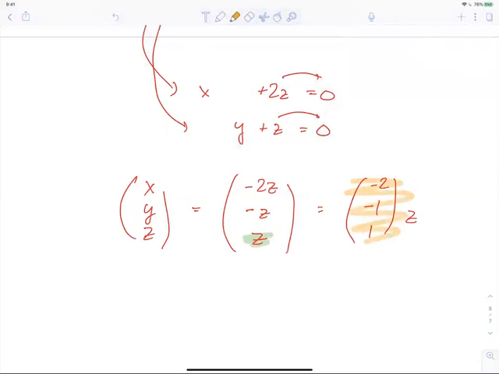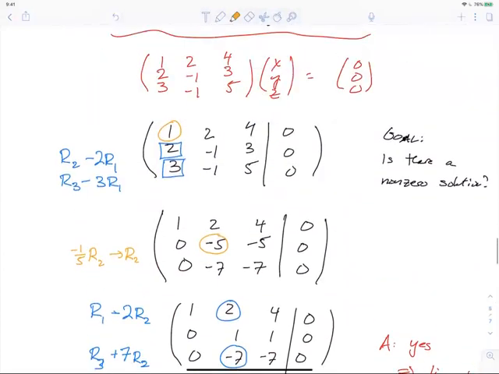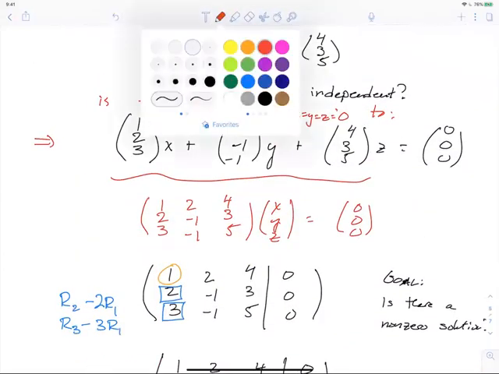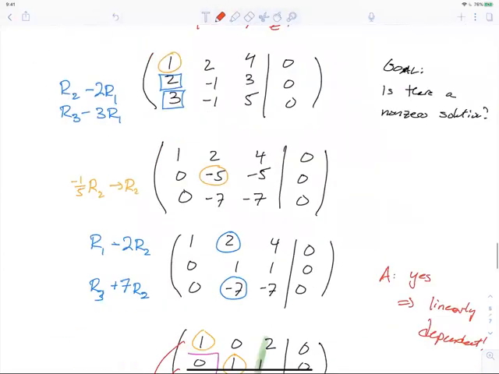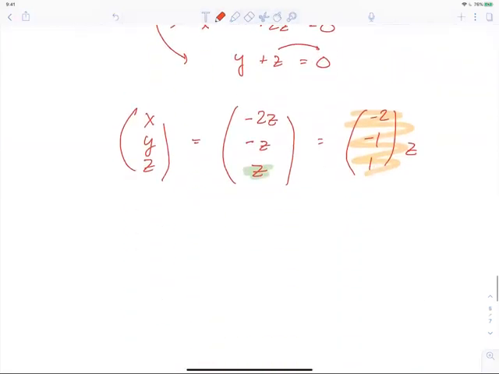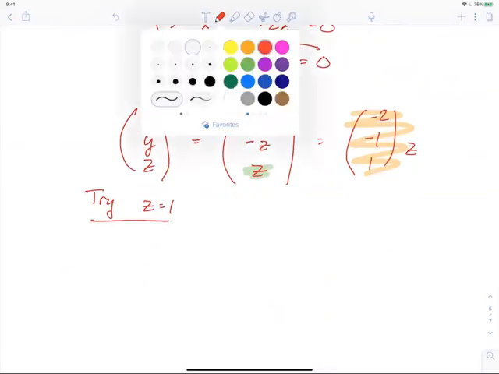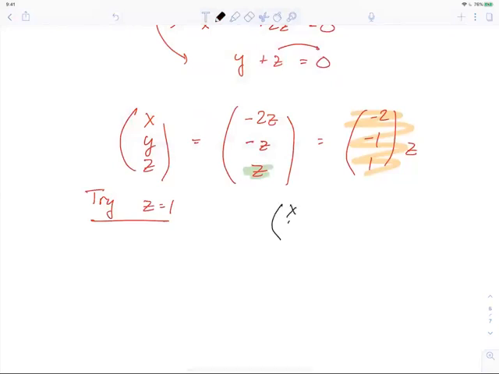Well, this gives us the solution to our original equation. The z is free, so we can pick whatever we want for z. So let's try z equals 1. Now at this point, we should be convinced that they're linearly dependent, but let's explicitly demonstrate why. If z equals 1, that means x, y, z has to equal minus 2, minus 1, and 1.